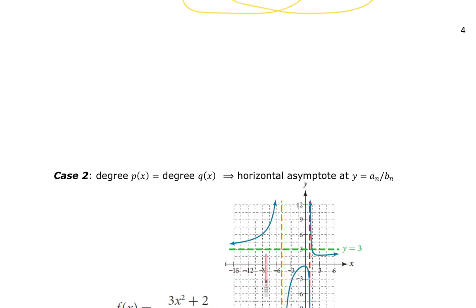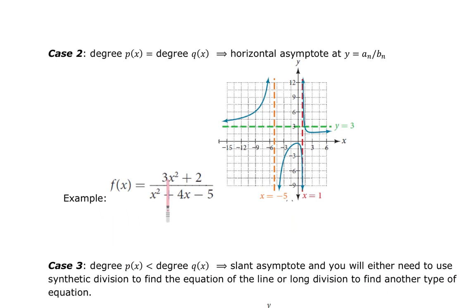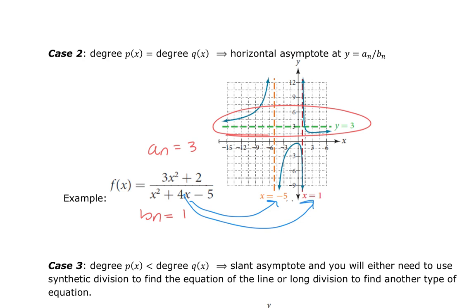In this case, we have this horizontal asymptote at y equals 3. In this example, the leading coefficient a sub n is equal to 3. B sub n, which is the leading coefficient in the denominator, is 1, so we pick up that horizontal asymptote. Note that when I factor, I get this and this as my vertical asymptotes.